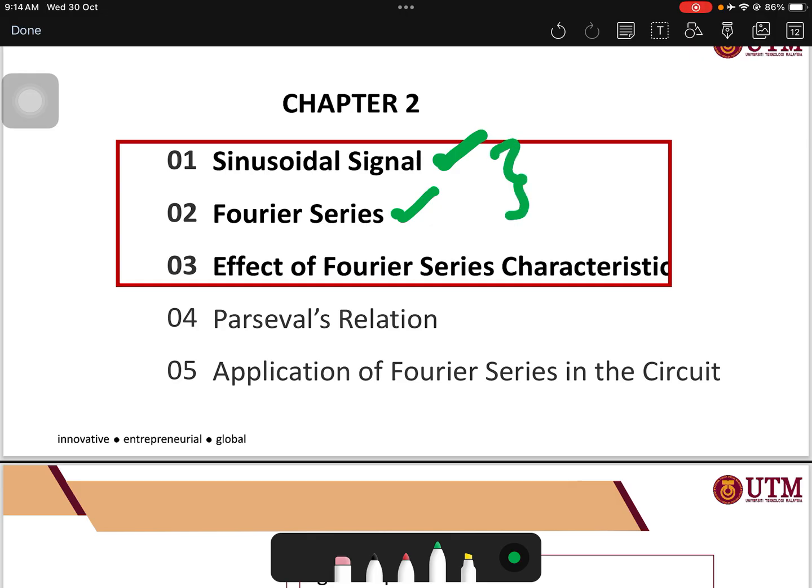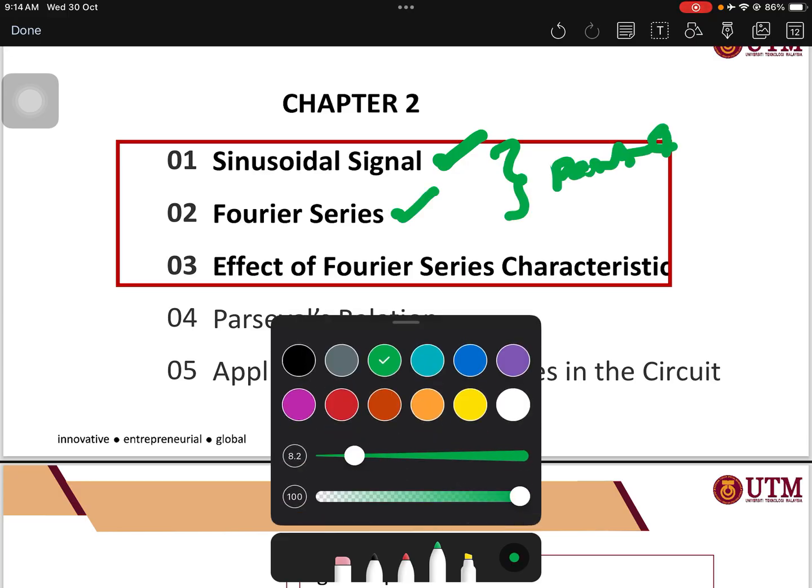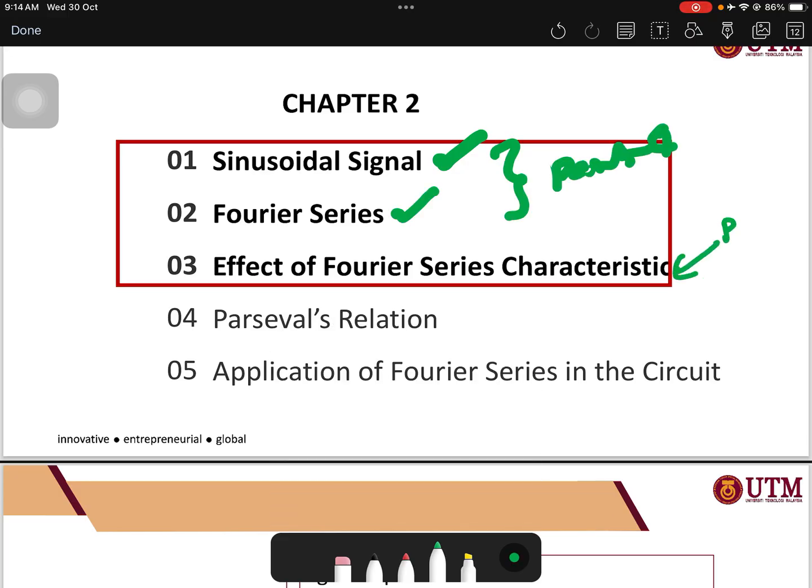But for this particular part, we will only learn how to express and represent the signal first, and then for part 2 we are going to learn about the Fourier series and the effect of the Fourier series characteristic. So this is part 1, and this one is going to be part 2, and this one is going to be part 3.